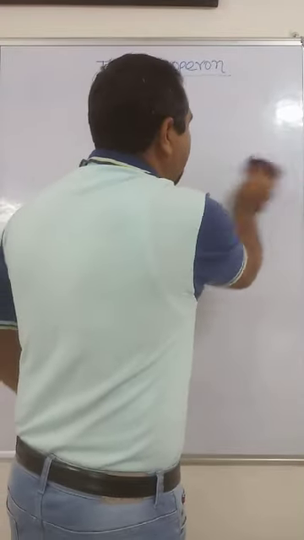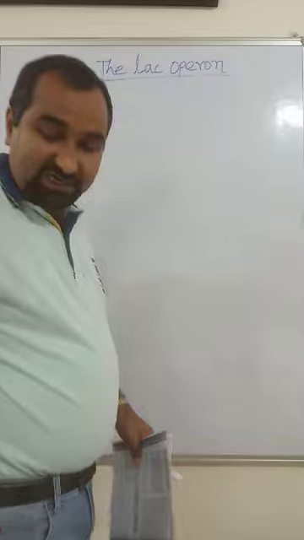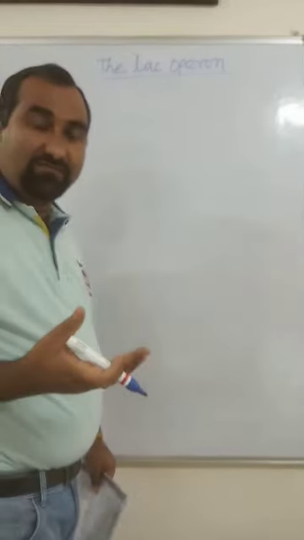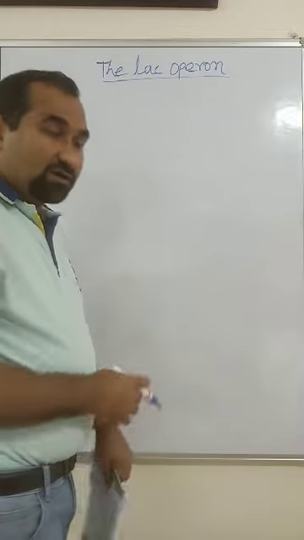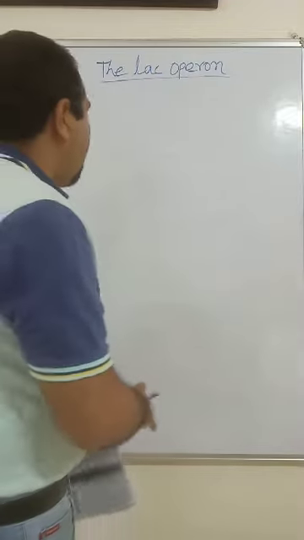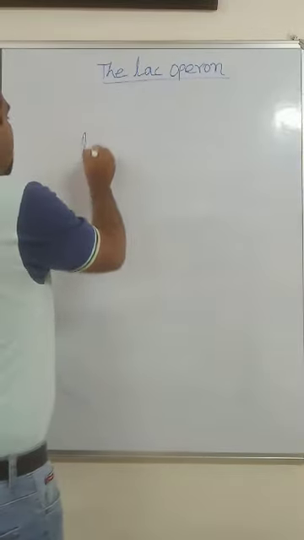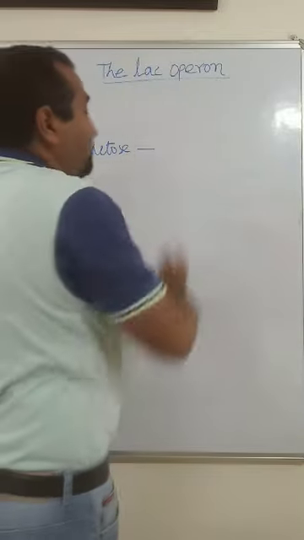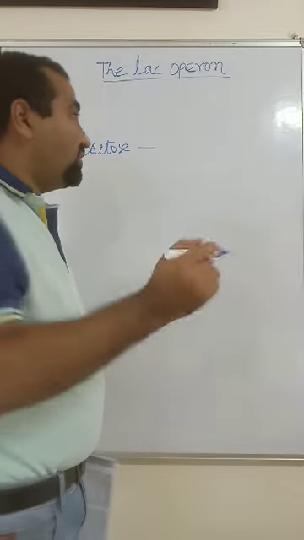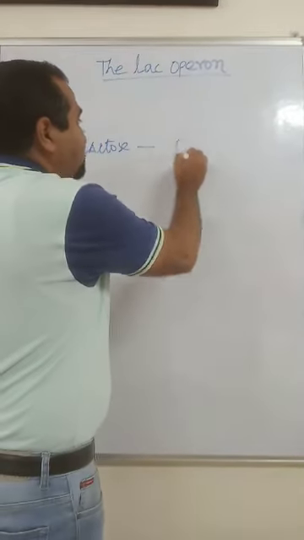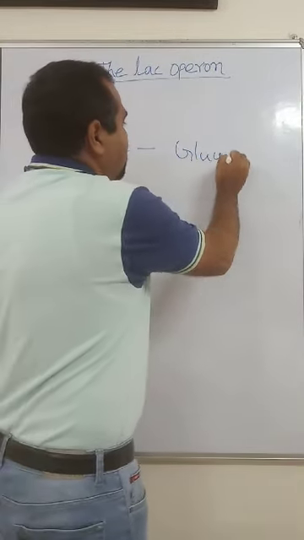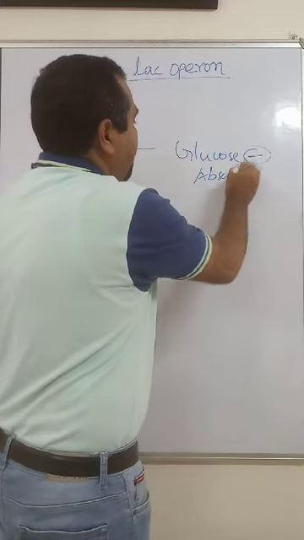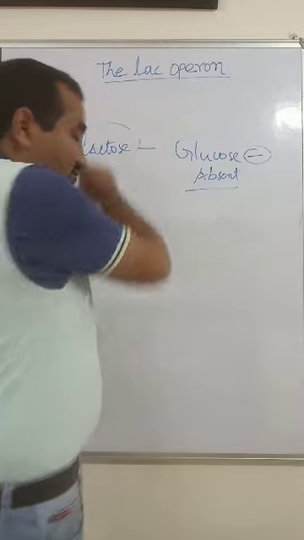And what is this lac operon? Lac stands for lactose. Lactose is a disaccharide molecule, just like other carbohydrate molecules, and it is used by microorganisms only when glucose is absent.